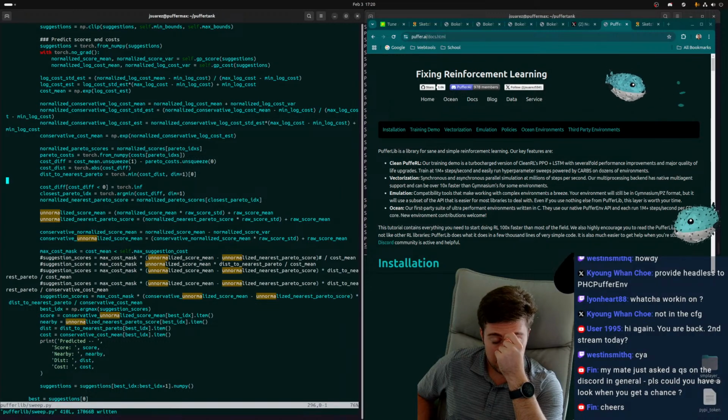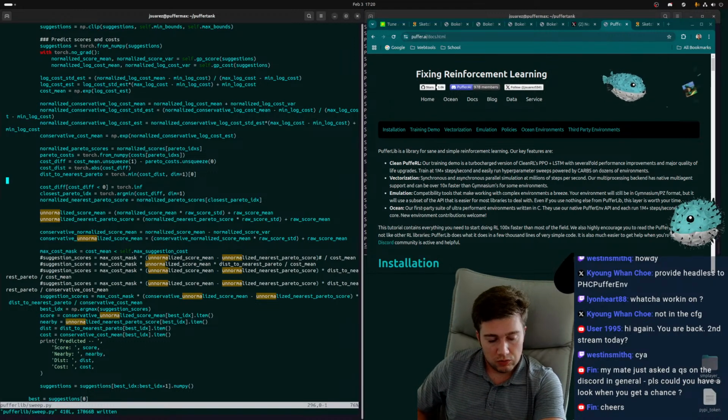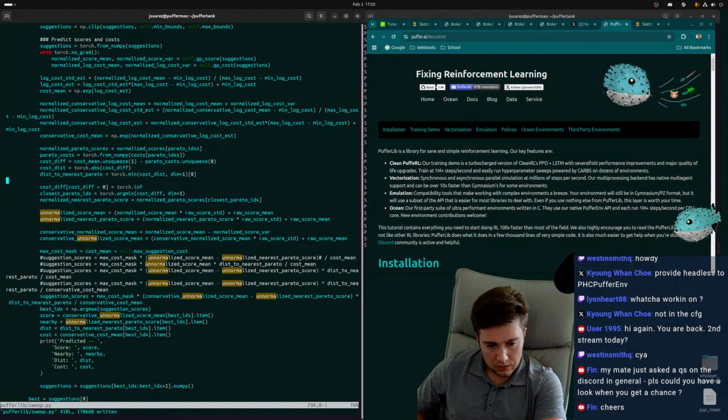Okay, I think I know how this works. This is what you would want. You would want both of these quantities to be conservative, because everything else is pulling you to high cost exploration. This is what pulls you away from it. So this is what guards you against a bad model.